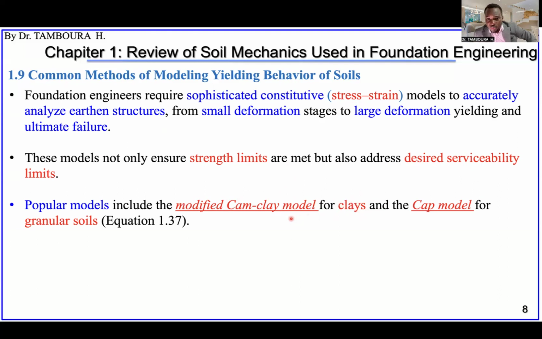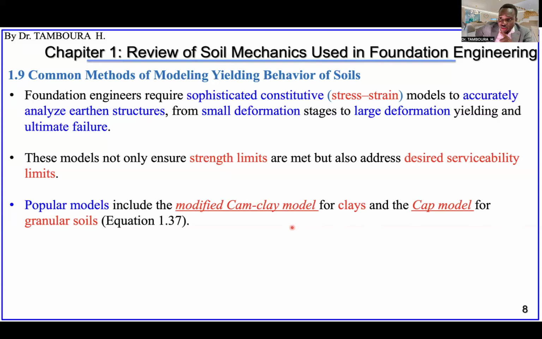And this one, the cap model, is also famous for granular soil, meaning sand or gravel. But please remember, there are a lot of models, many models. You know already the Mohr-Coulomb model. So in this program, we will mainly talk about these two.